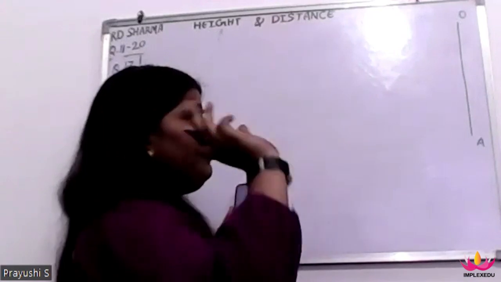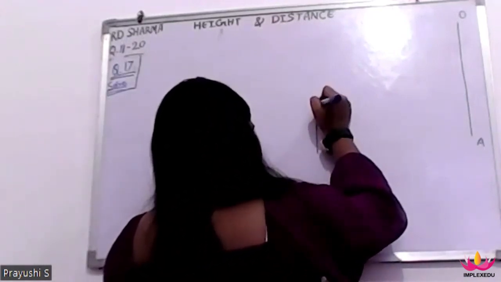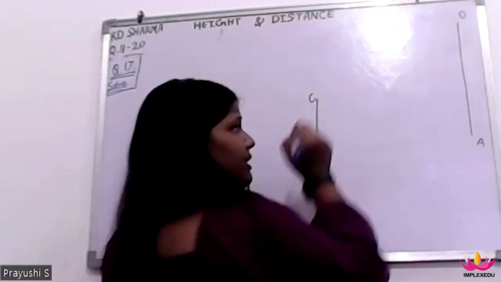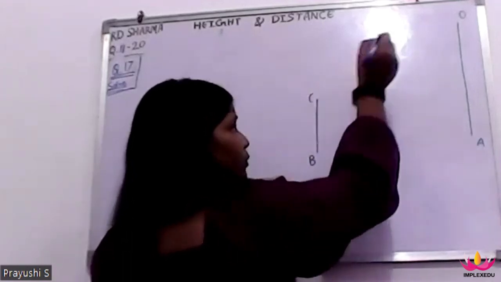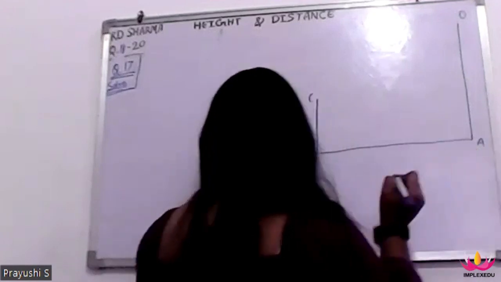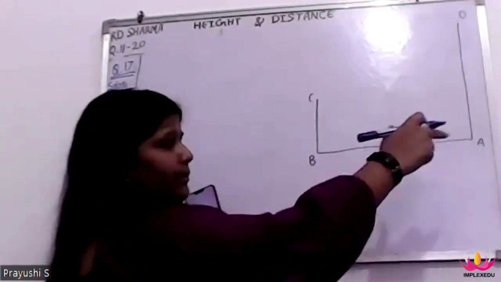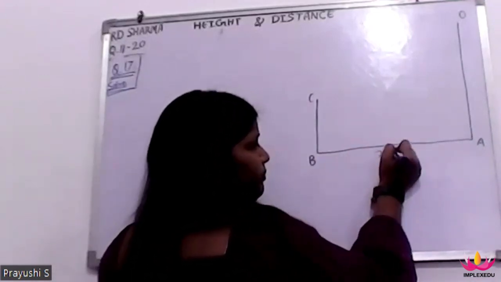This AO is a building, and we are having that BC is the tower. This BC is the tower and AO is the building. Now this is the distance between them. We are assuming that the distance between both the tower and the building is X meters.